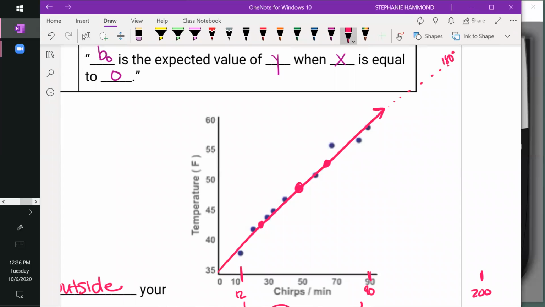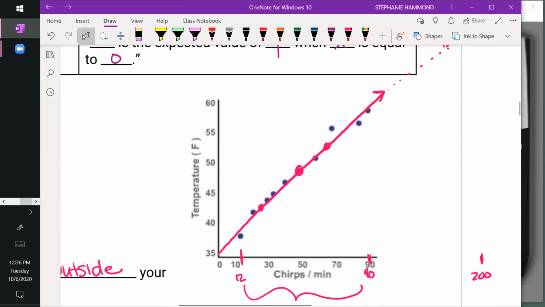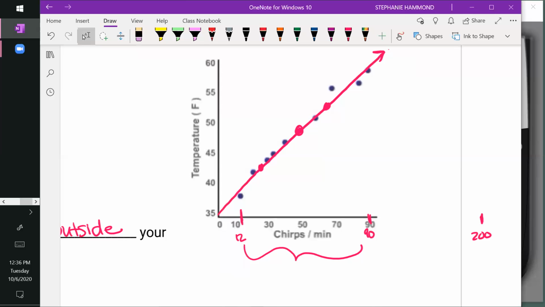And that point, 200, 180, is truly on your line of best fit. But it's not a valid prediction. And if you think of it, of course it's not. At 180 degrees Fahrenheit, that grasshopper is probably going to be dead. They're probably going to be boiled and crispy. That is way too hot for a grasshopper.